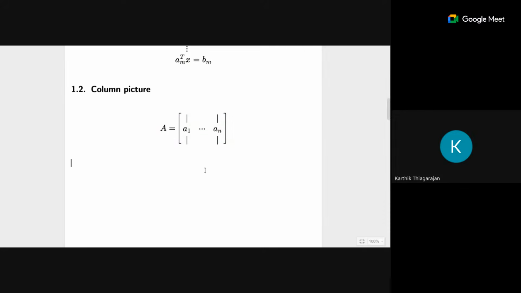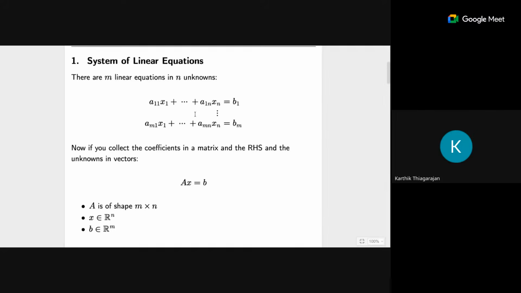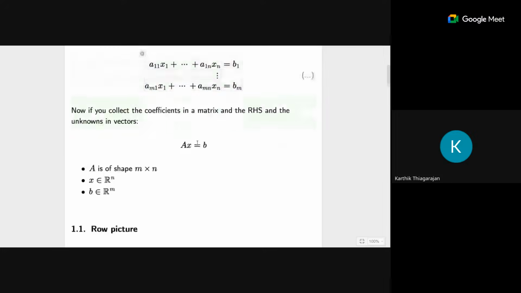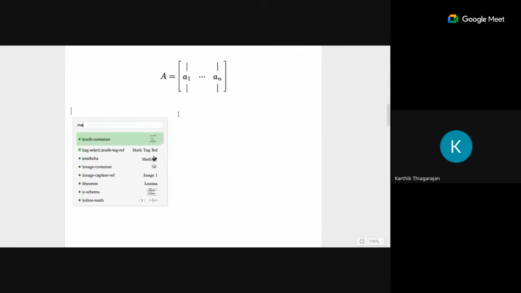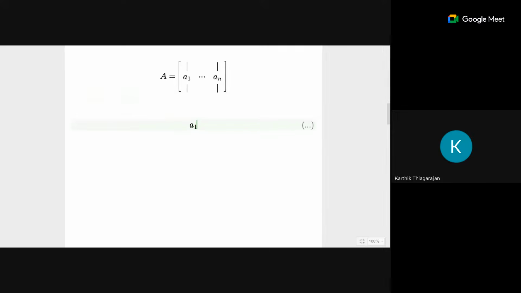All right. So what we are doing here is, if you represent each column as A, you are multiplying the first column by x1, the second column by x2, and then the nth column by xn. So you can rewrite the left hand side as x1 into A1 plus x2 into A2 plus xn into An equal to b.